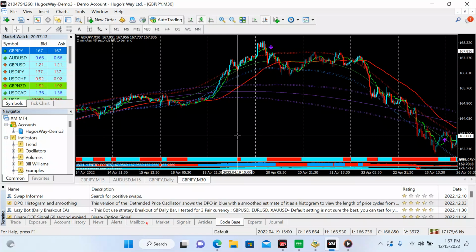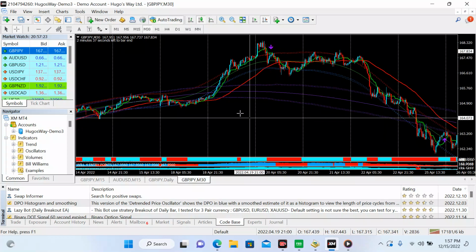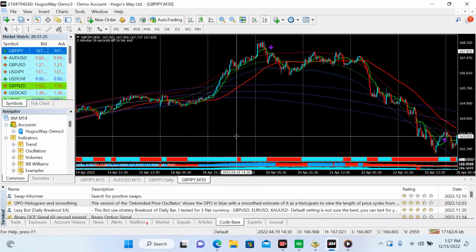It's about putting 1, 2, 3, 4, 5, 6, 7, however many other confluences you need to take the trade together. So this tool gives you a heads up: hey, a buy is coming, a sell is coming. So when you put one with another one and it's always winning, it's something powerful.